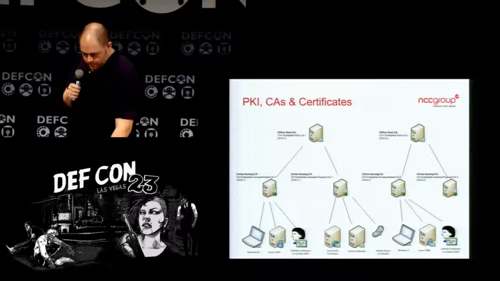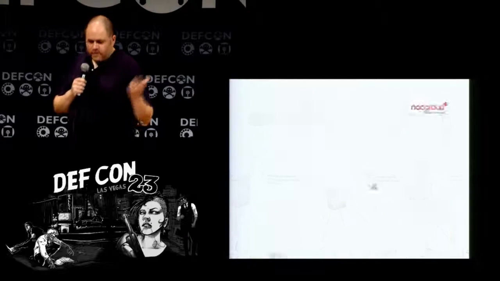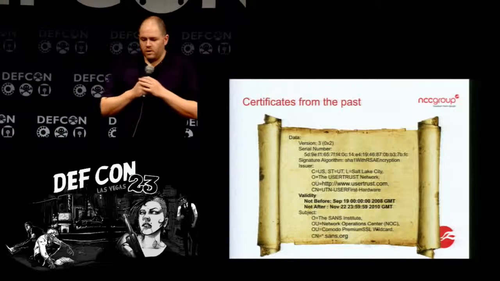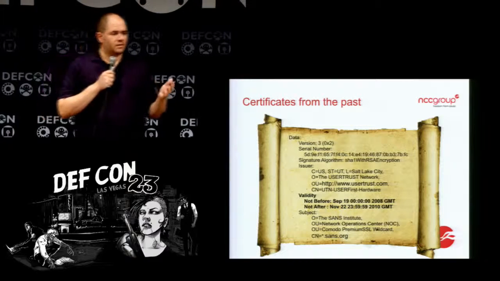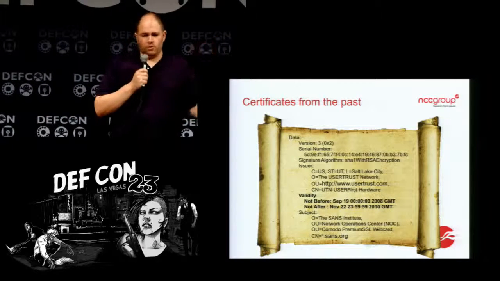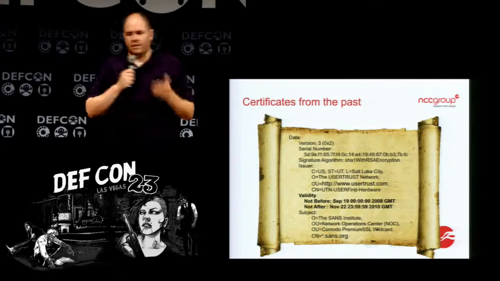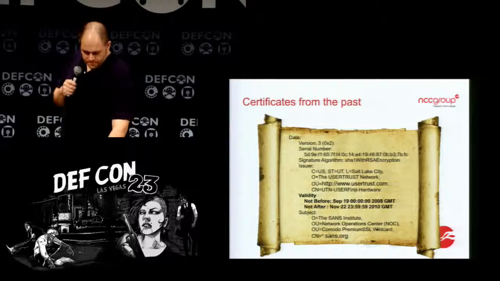But if I can control the clock in a computer, what I can do is to use certificates from the past. I mean, certificates that used to be valid at some point in the past and are not valid now.